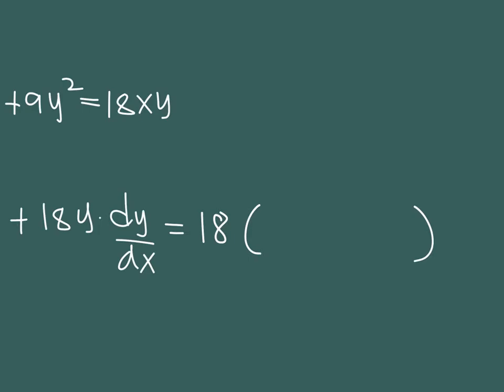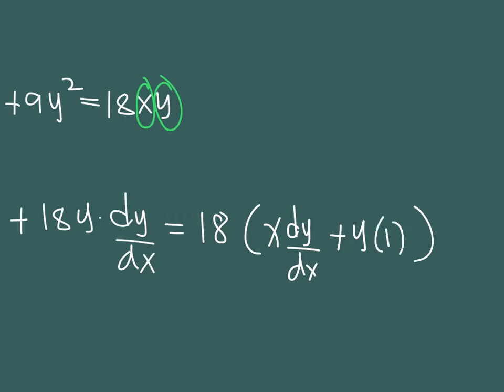So in the product rule, you have the first and then you have the second, right? So this will become first and then dy over dx, right? The first and then derivative of the second plus the second derivative of the first is 1. So it's just y times 1, which is equal to y.